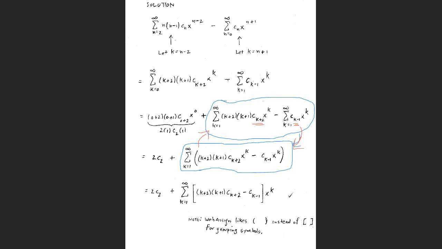The index is essentially what you're doing is, let me see here. I have an idea. So let's say that for this power series here, I didn't say k equals n plus 1. Let's say that I used instead j equals n plus 1.